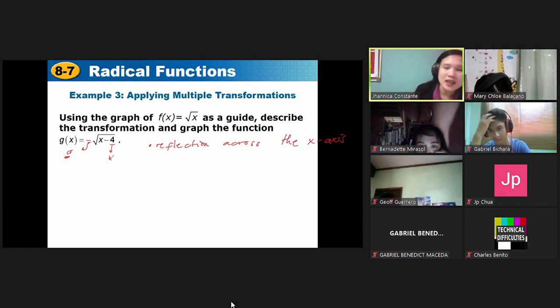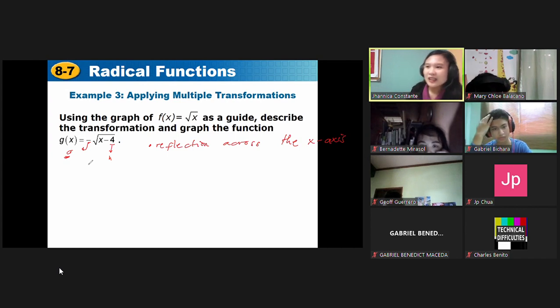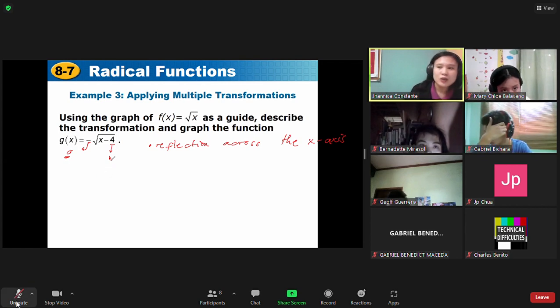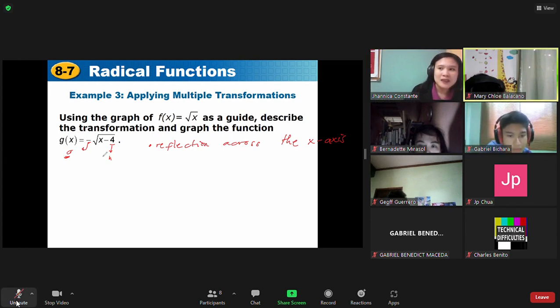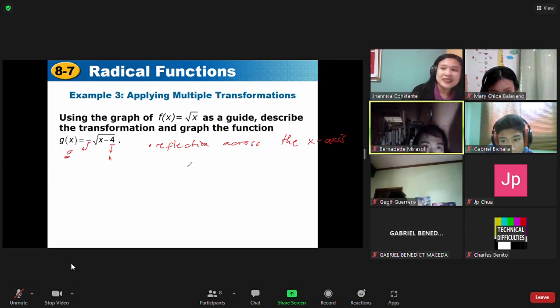What about the h? How many units will the transformation of our function go horizontally? To the right? How many units to the right? 4.